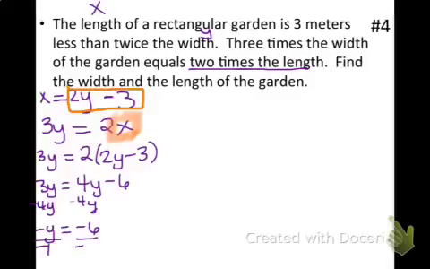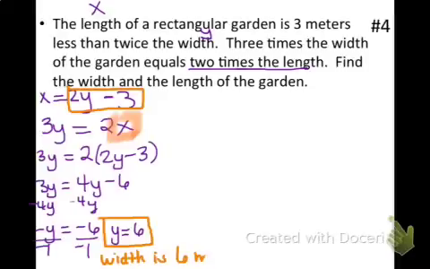So I divide both sides by negative 1, and I have y is equal to 6. If you get a negative answer, then something went wrong, because you can never have a negative length. Okay, so this means that our width is 6 meters. Okay, that's our first answer.